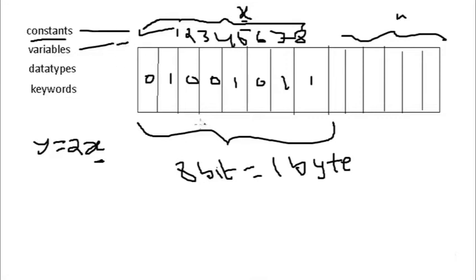So next is about the data types. All of you know that when we store some values in our memory locations and give some name to them, the compiler wants to know what type of data we are storing in that variable or memory location. So the type of data stored in a variable is called data type.